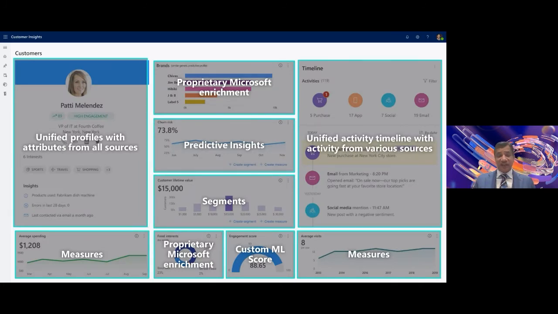And in some cases, we actually provide some proprietary Microsoft enrichment as well. And what activities go into that timeline, what kind of predictive insights go into that view. These are all measures and means by which you can actually bring them in by putting that stack together with these 4 components. And we have done this for many different customers, and the value transfer to the business user is phenomenal.